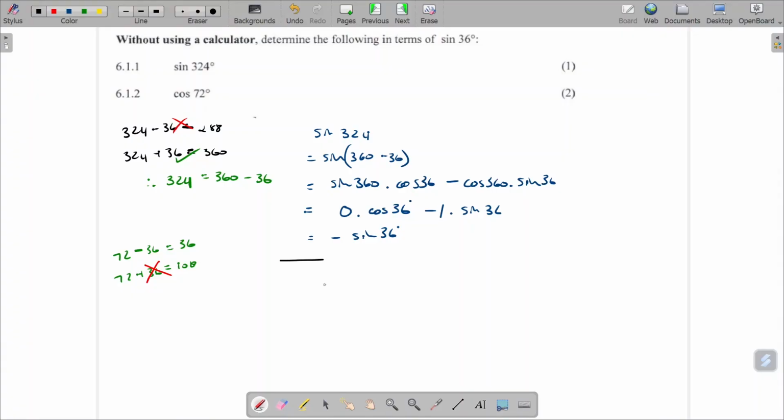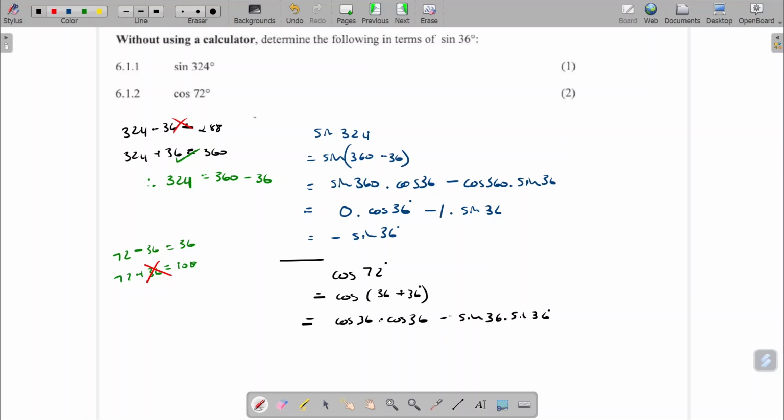So here I'm writing in black. Here's my answer. So cos of 72 equals cos of 36 plus 36 equals cos 36 times cos 36 minus sine 36 times sine 36.